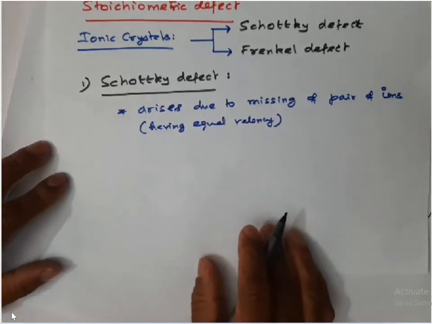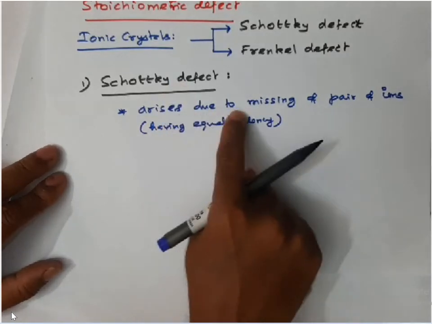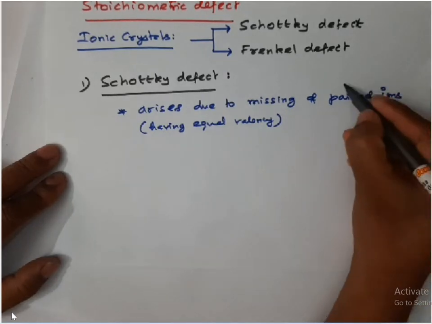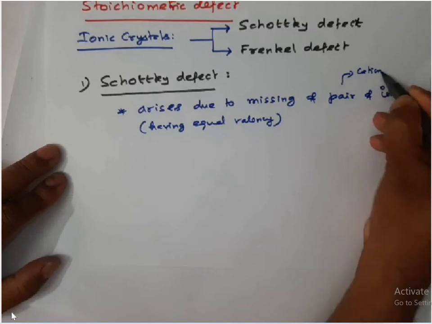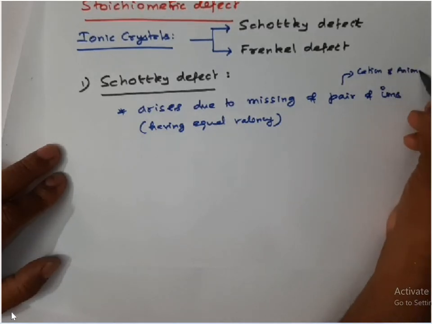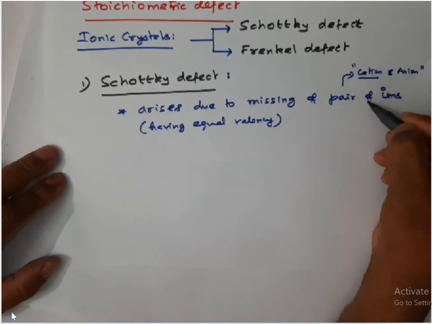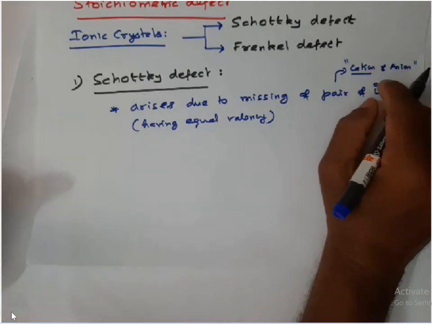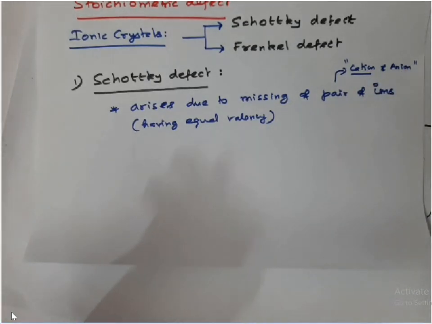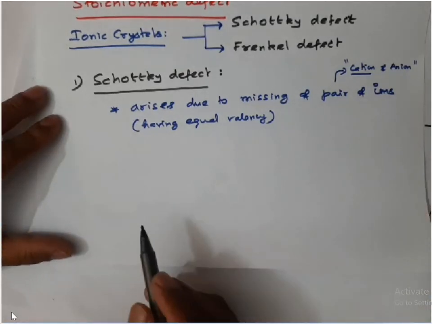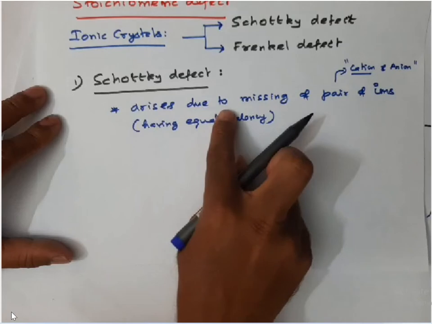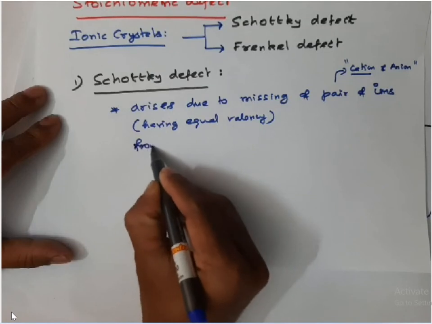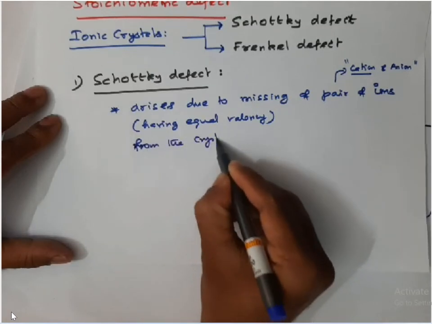Let me write like this: Schottky defect arises due to missing of a pair of ions. Pair of ions means cation and anion. If a cation is missing from the crystal lattice, an anion will also be missing from the lattice. That's the meaning. There is a pair of ions missing from the crystal lattice. So Schottky defect arises due to missing of a pair of ions from the crystal.